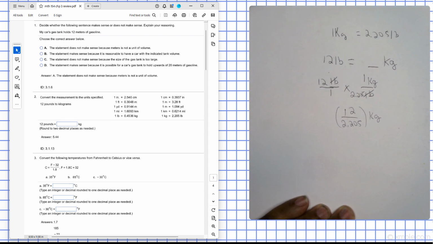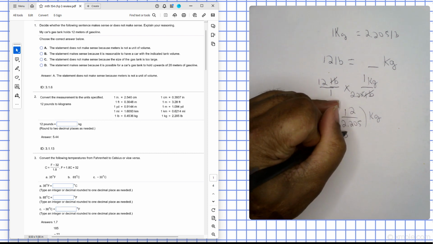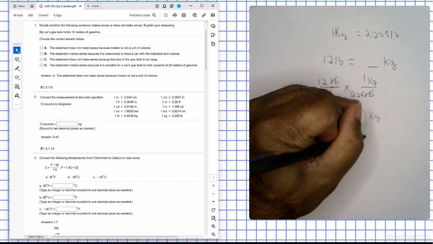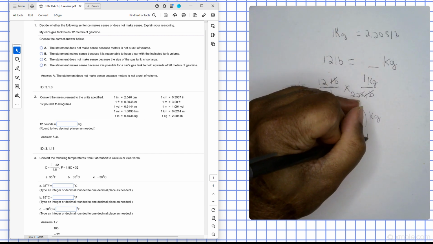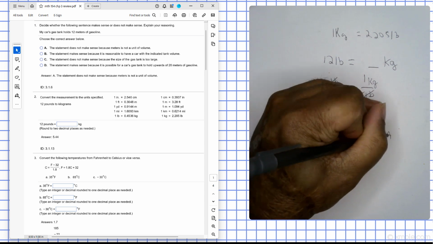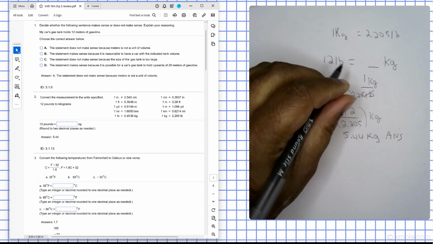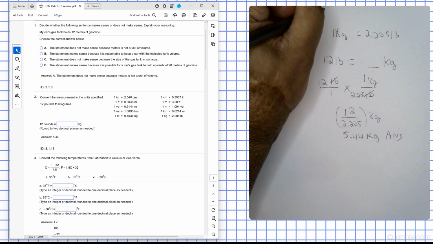We can divide this out, and we end up with 5.44 kilograms for our answer. And this was number 2.